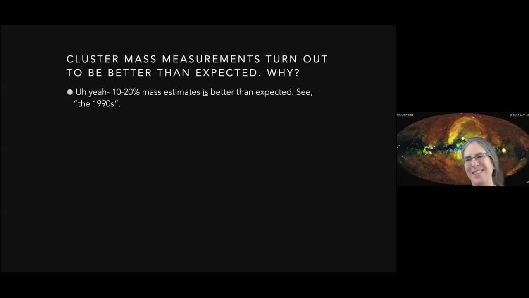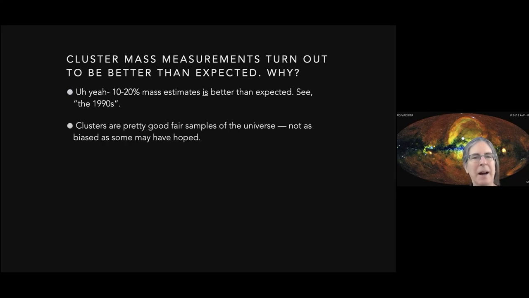Yes, 10 to 20% mass estimates are better than expected, because just go back to the literature from the 90s. I mean, there were sometimes factors of 3 and 4 discrepancies with the earlier measurements, and it just turned out that a lot of people weren't measuring out far enough, and the measurements weren't quite accurate yet.